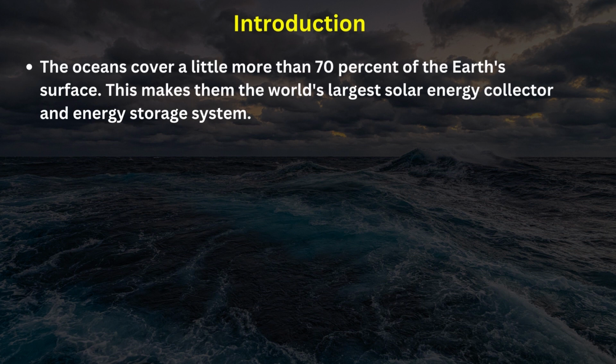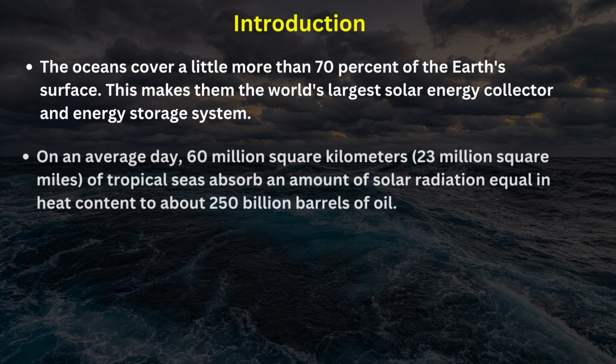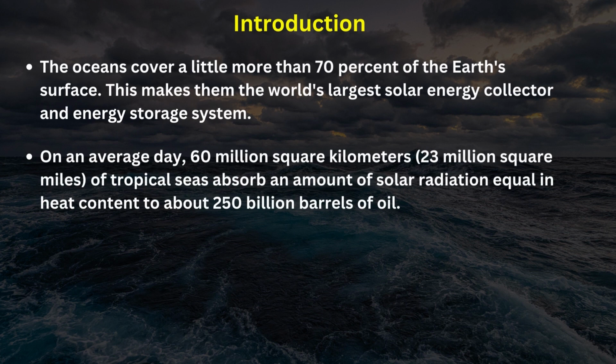The oceans cover a little more than 70% of the Earth's surface, and this makes them the world's largest solar energy collector and energy storage system. On an average day, about 60 million square kilometers of tropical seas absorb an amount of solar radiation equal in heat content to about 250 billion barrels of oil.